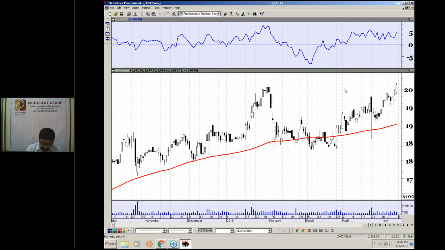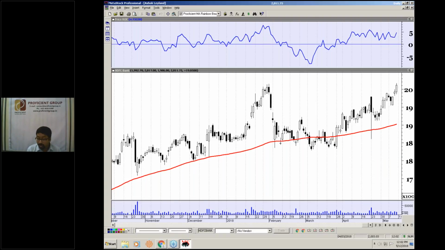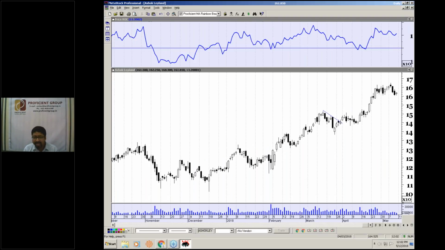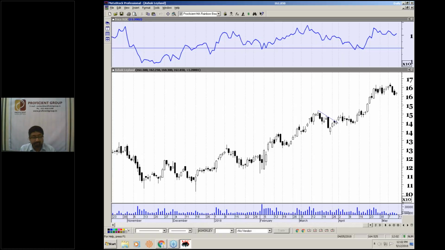So HDFC Bank I am showing you, and I would also like to show you another fantastic stock, which is Ashok Leyland. I had shown you this stock many times earlier, and Ashok Leyland continues to remain an outperformer. And here we are seeing a very interesting pattern in Ashok Leyland as well, right?